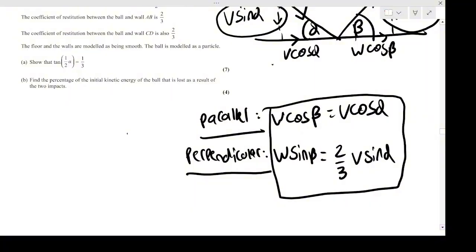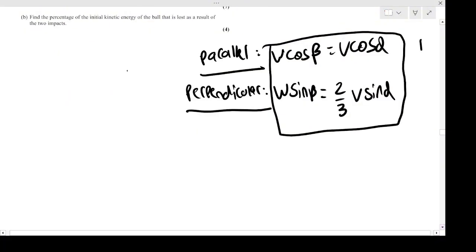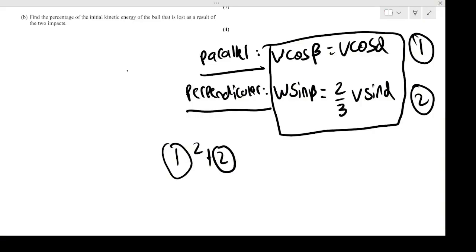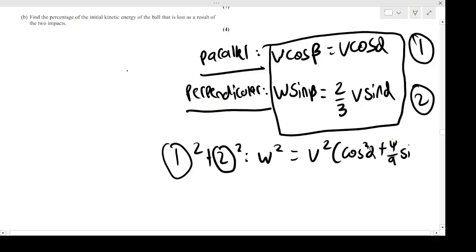Okay. Again, if I call this equation 1 and 2, you might be tempted to square them and add them. If we do that, you're going to arrive at w squared is going to be v squared lots of cos squared alpha, then 2/3 squared will be 4/9, so plus 4/9 sine squared alpha.